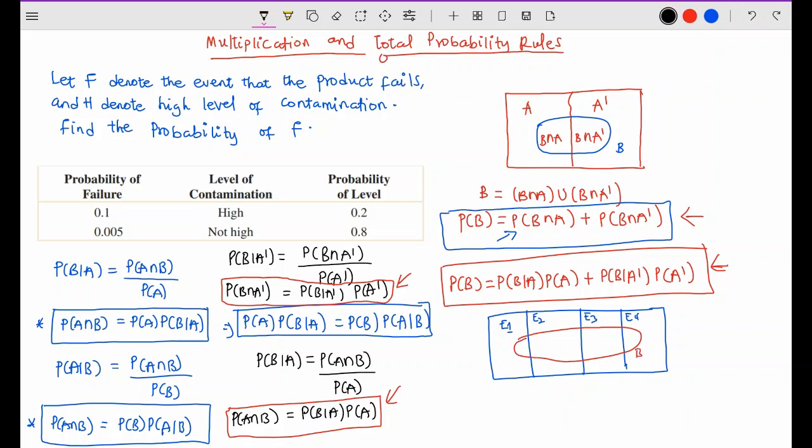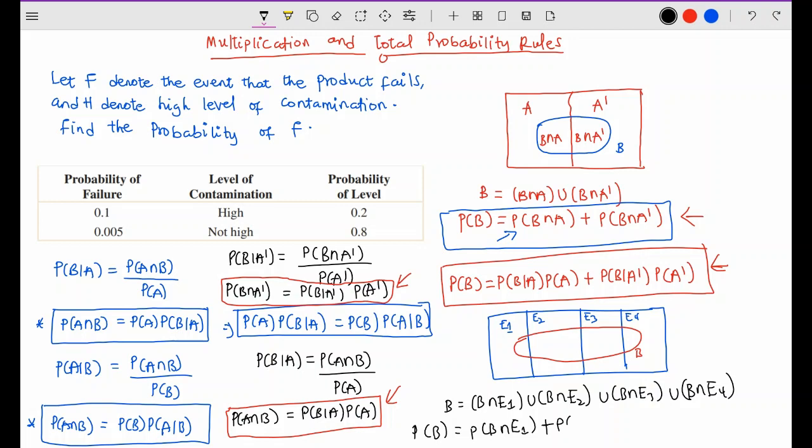So in this case, B is equal to B intersection E1, union B intersection E2, union B intersection E3, union B intersection E4. So the probability of B will be equal to the probability of B intersection E1 plus the probability of B intersection E2, plus the probability of B intersection E3, plus the probability of B intersection E4. This is what you have.